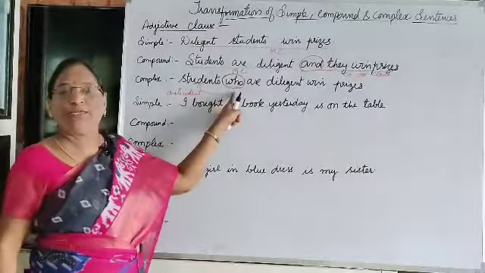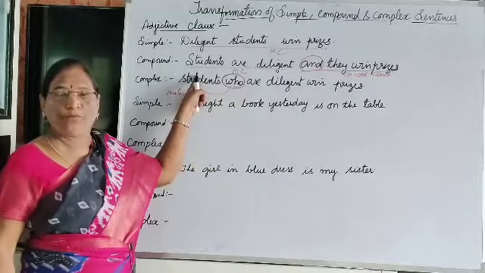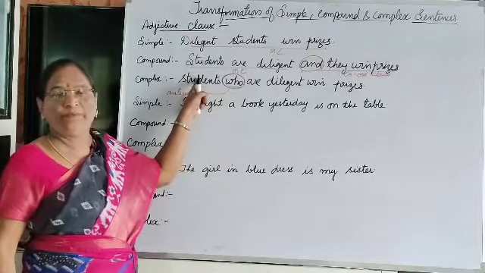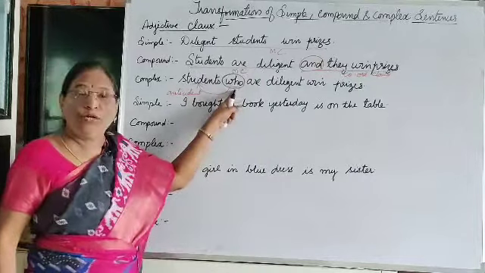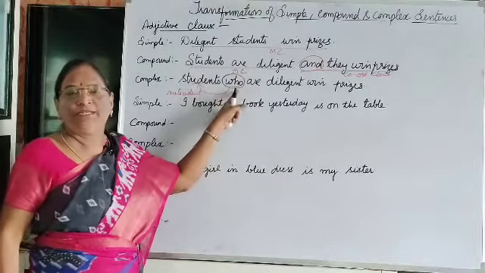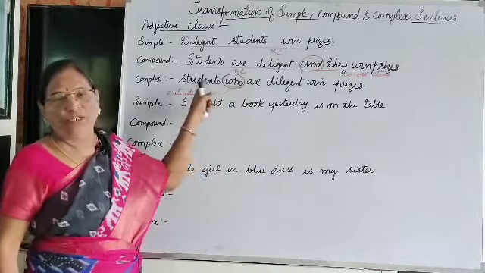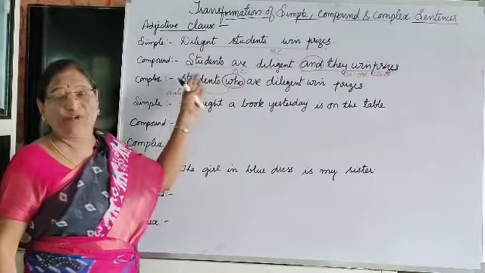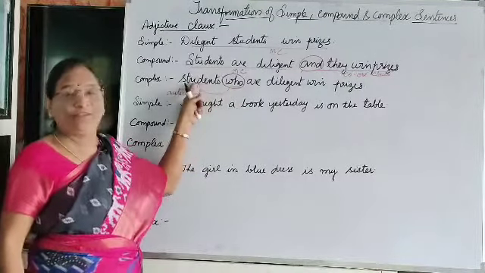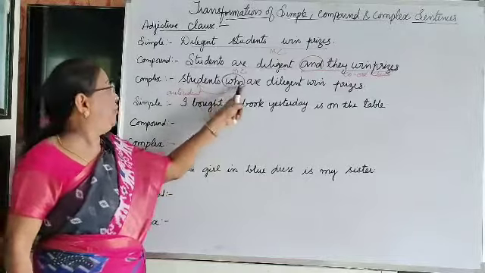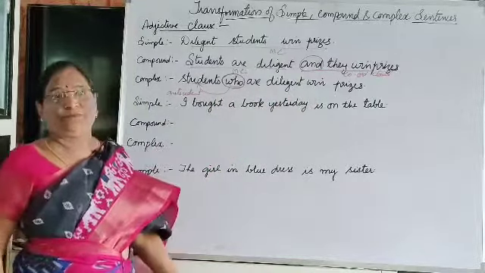This "who" is talking about student, that is noun or pronoun or whatever it may be. This subordinate conjunction is talking about the antecedent, which is before, in front of this. So, who are diligent win prizes.